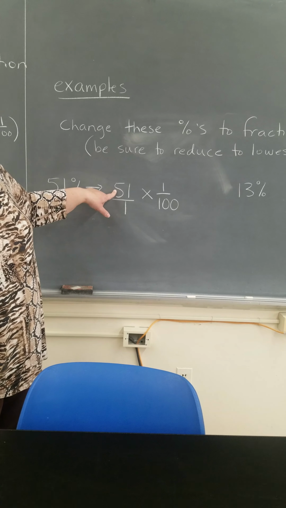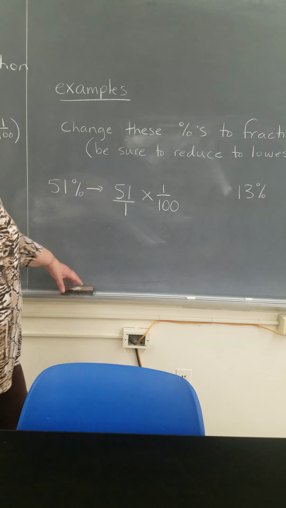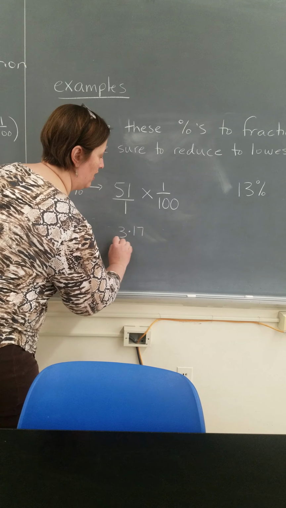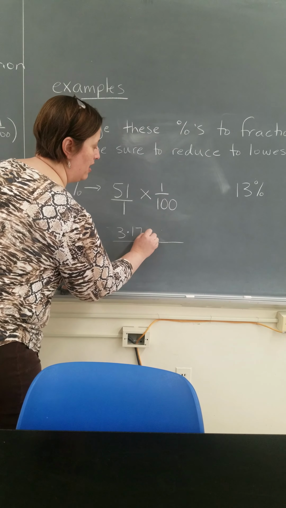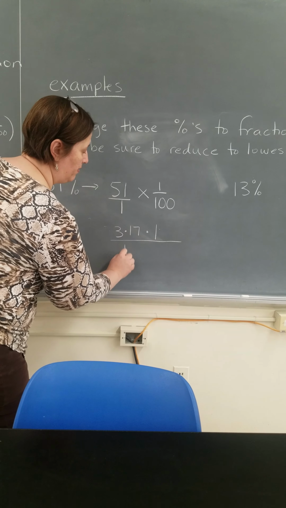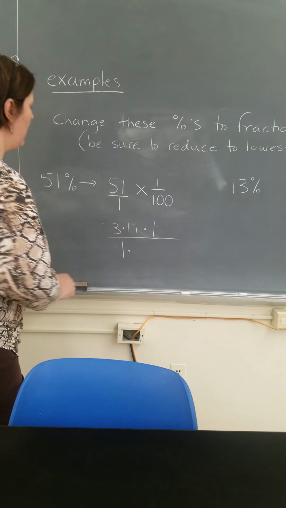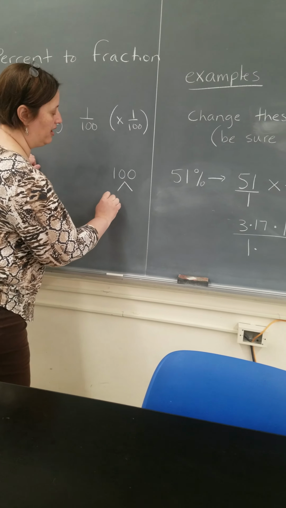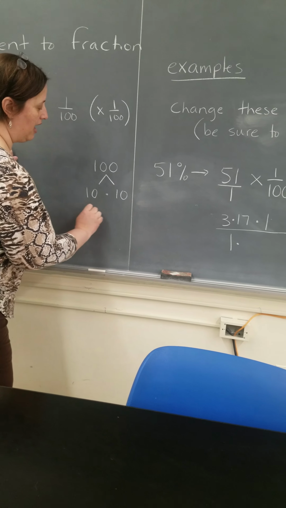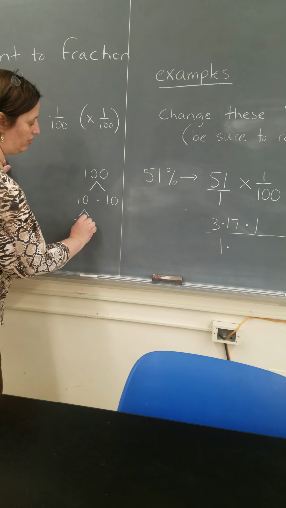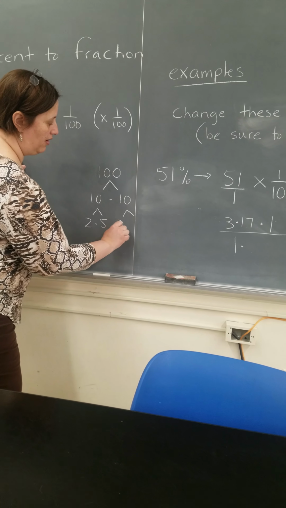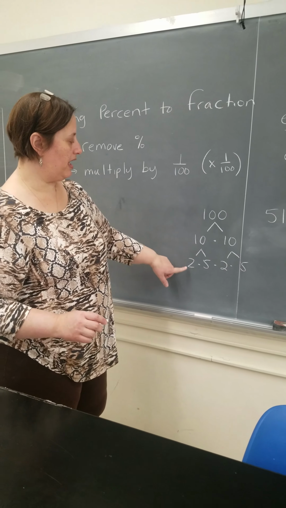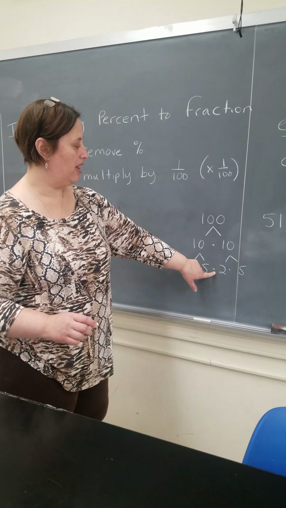Now, if you remember, 51 is not a prime number. It can be broken down into 3 times 17. 1 is prime. Down here, the 1 is prime. And 100, we can break that down, for example, into 10 times 10, and each of those into 2 times 5. All right, so 100 ultimately will break down into 2 times 5 times 2 times 5.